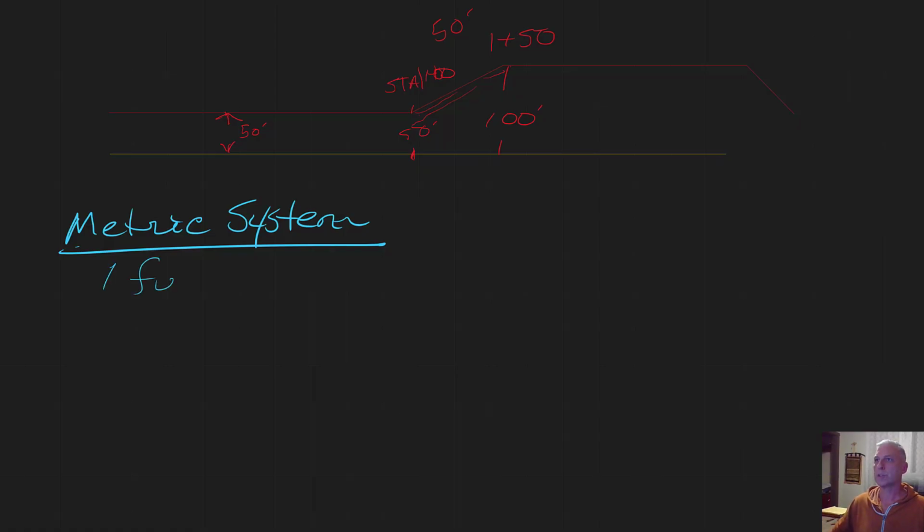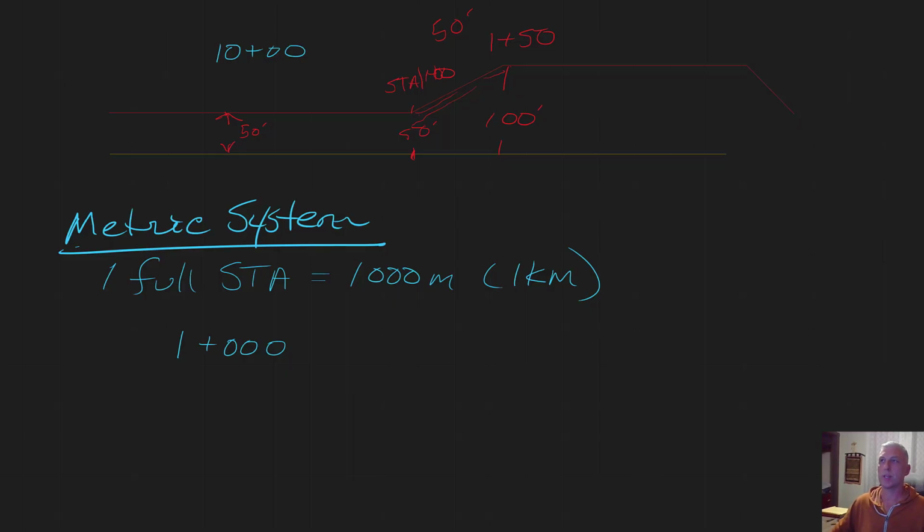One full station equals 1,000 meters, or 1 kilometer. Now, instead of up here from the American system, we have 1,000 feet would be 10 plus 00. In the metric system, we would have 1 plus 000 meters. Okay, same distance.